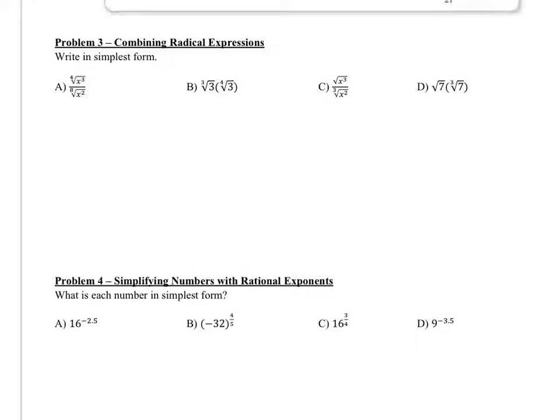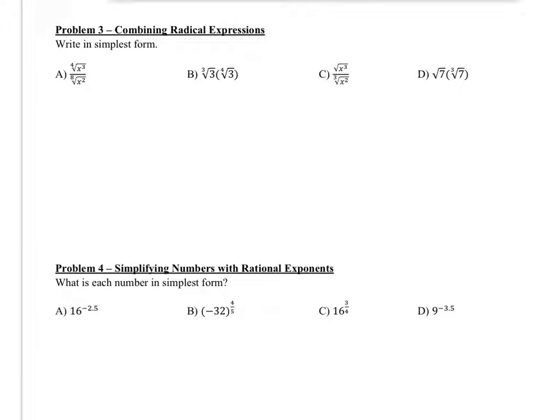So combining radical expressions. First thing you're going to do for all of these problems is rewrite it so it has a fraction exponent. So on top here, I would have x to the 3/4 over x squared divided by 8. I can simplify 2 divided by 8. That's the same thing as x to the 3/4 over x to the 1/4.